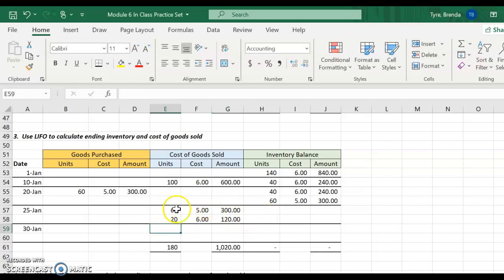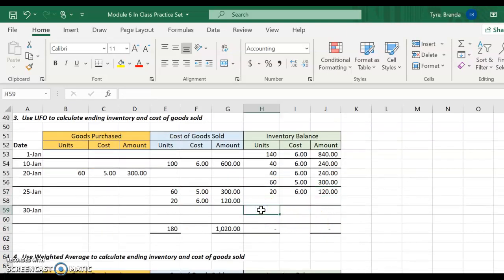And so what do we have left? We have none of that 60 unit layer, the $5 group. We have 20 of the $6 group remaining. Okay, so let's go ahead and bring those down here. We know that those are still there. And on the 30th of January, we purchased another 180 units at $4.50.